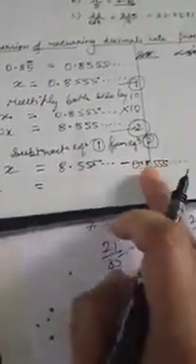Subtracting 10x minus x we get here 9x. Now we have to subtract 0.8555 from 8.555.